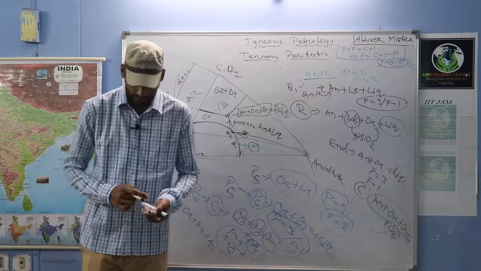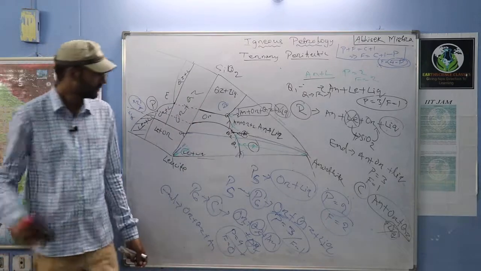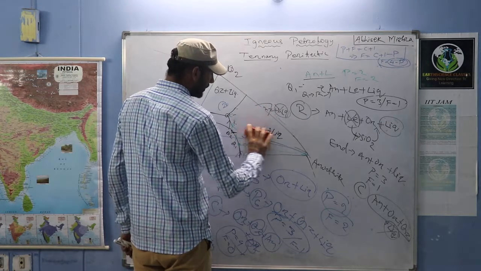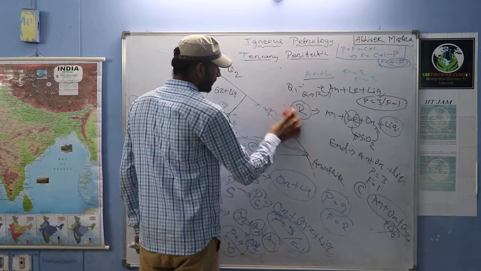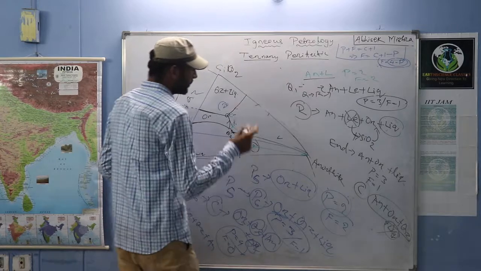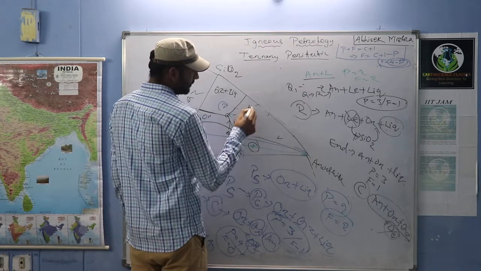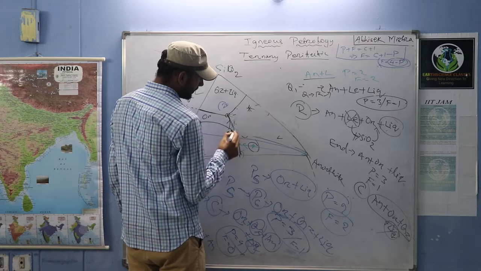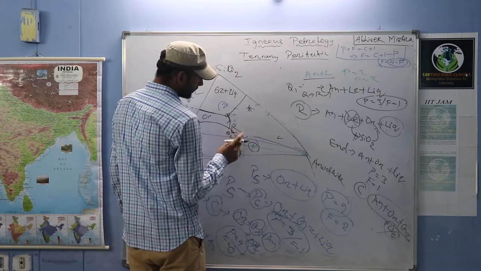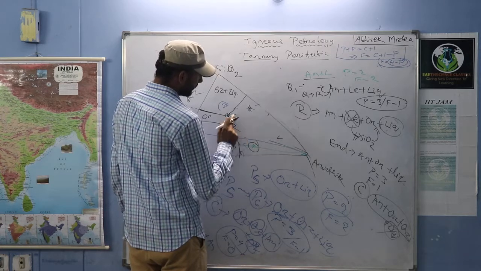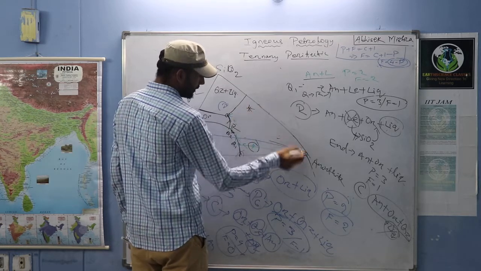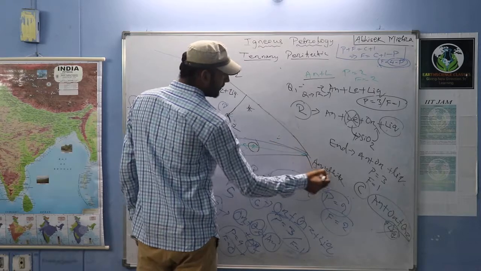Okay. Then again, if I take another composition here, what will happen? The first mineral to crystallize, this is the field of anorthite.